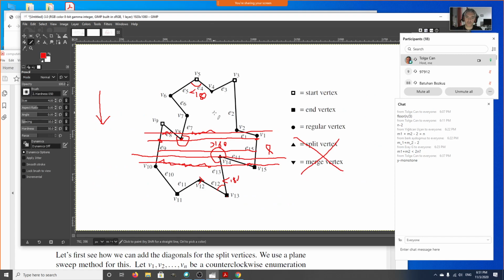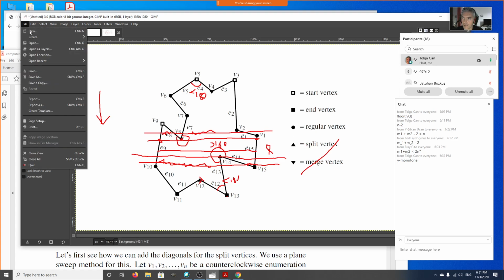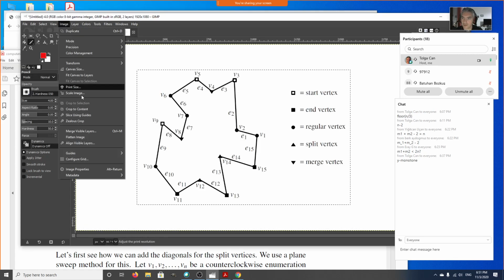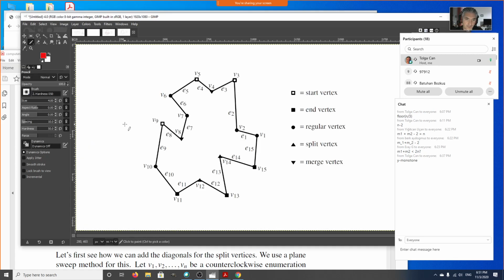How can we get rid of split or merge vertices? By drawing diagonals. Imagine, so here's what we're going to do. Let me get the same one. Can I copy it again? Great. Flatten. And we're going to have a 15-minute break just after I indicate what kind of things we can draw. So look at this merge vertex. V8 was a merge vertex. So one neighbor here is above, the other is also above.